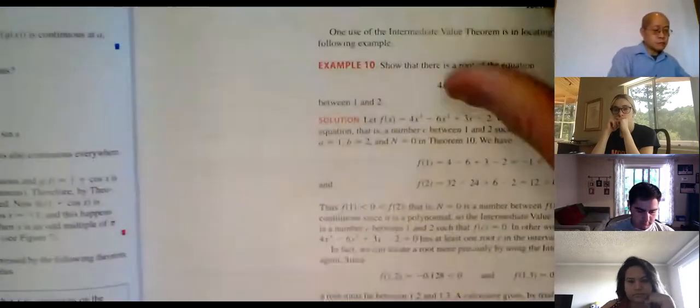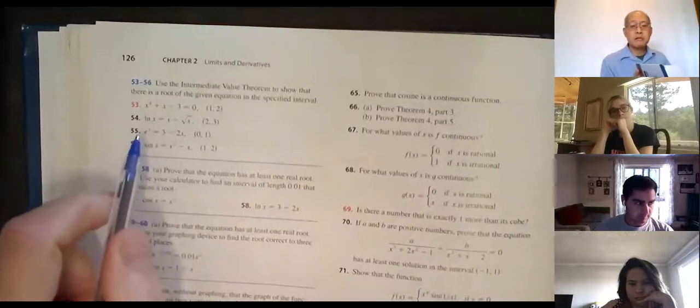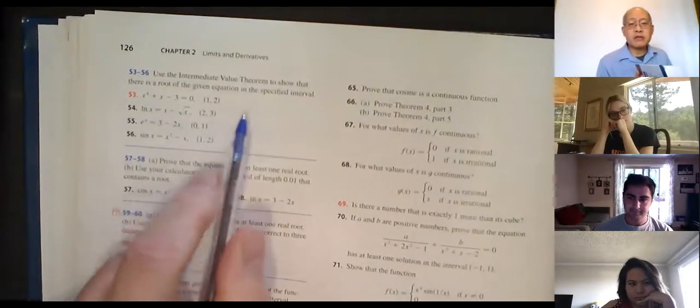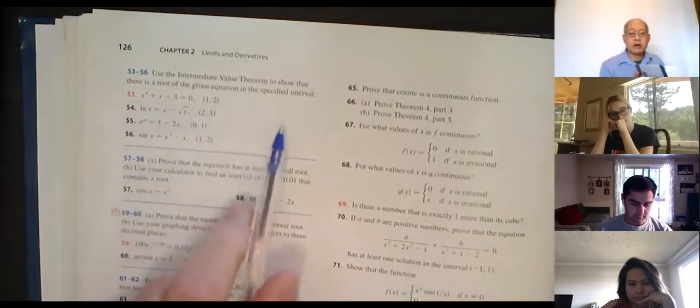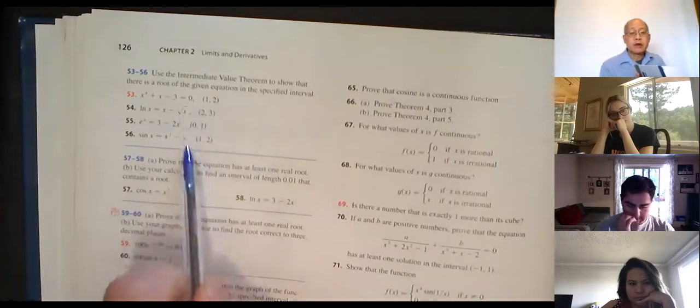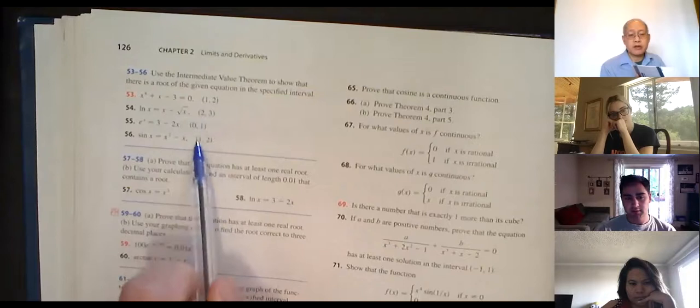All right, so now what are they talking about in the homework? Problem 126. Use the intermediate value theorem to show that there is a root of the given equation in a specified interval. Okay. What they're saying is that there's a solution somewhere in the interval that they're giving you.